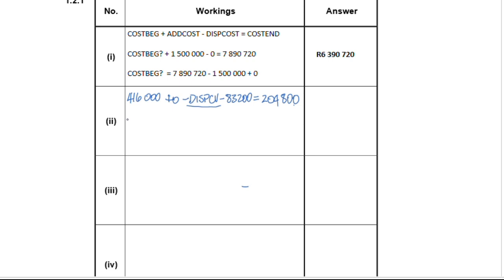So when we rearrange the equation, we end up with minus disposal at carrying value is equal to 204,800 rands minus 416,000 rands minus 0 plus 83,200 rands.